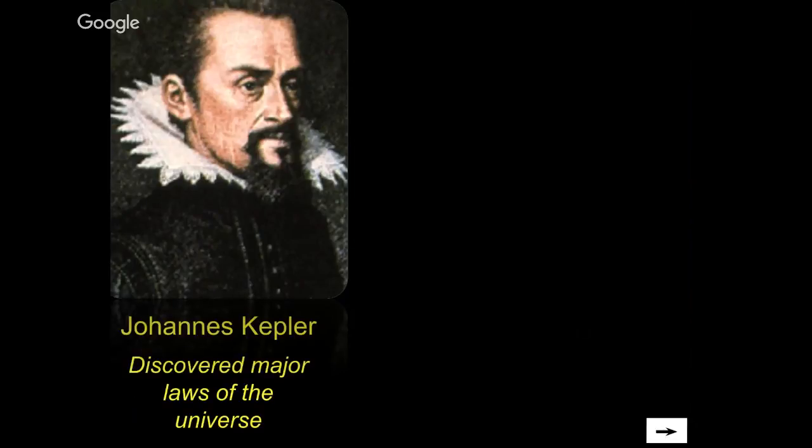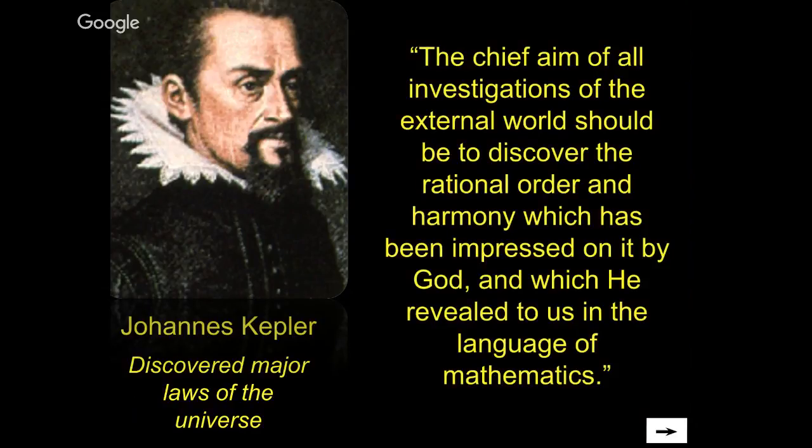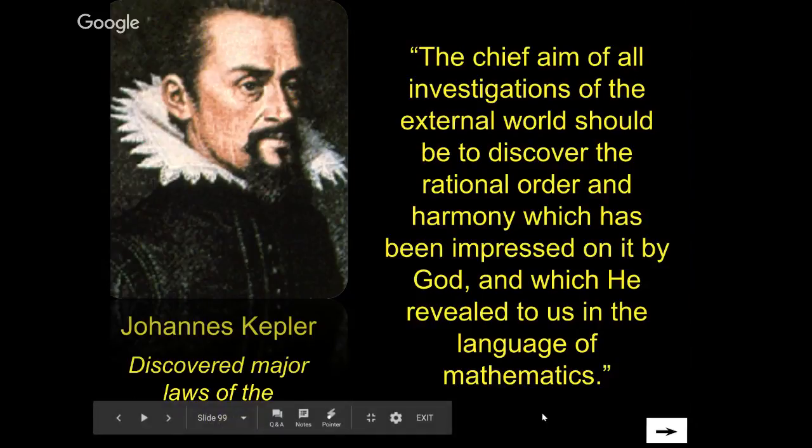Kepler discovered major laws. He discovered that we're on this mathematical ride around the sun. Anyway, here's what he said. The chief aim of all investigations of the external world should be to discover the rational order and harmony which has been impressed on it by God and which he revealed to us in the language of mathematics.